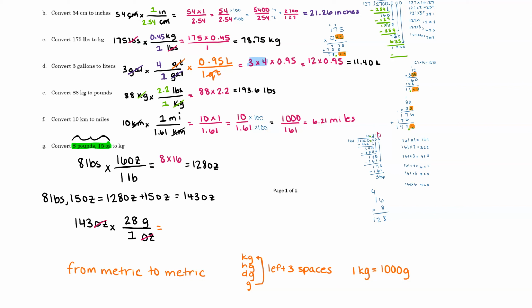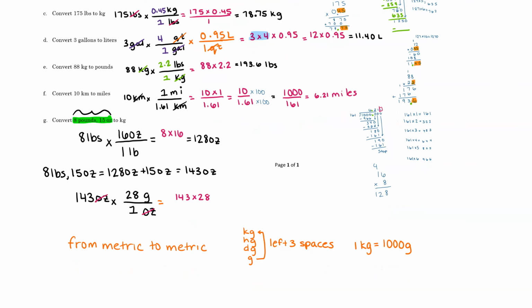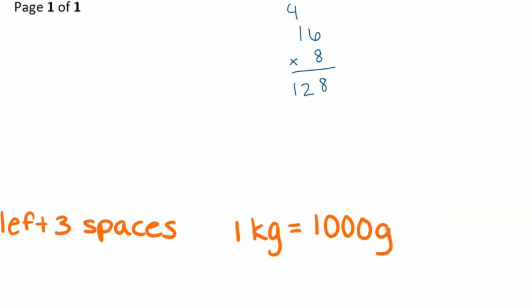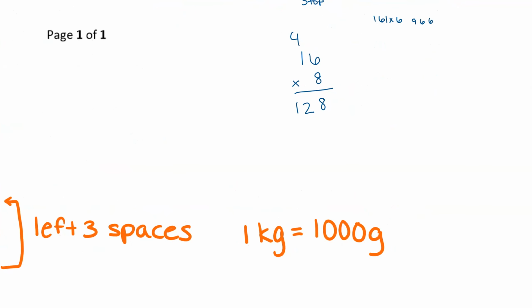If I stop at this conversion, just going from ounces to grams, the math that I need to do is 143 times 28. So let's come over here and do 143 times 28. 8 times 3 is 24, carry the 2, 8 times 4 is 32, 33, 34, 8 times 1 is 8, 9, 10, 11.